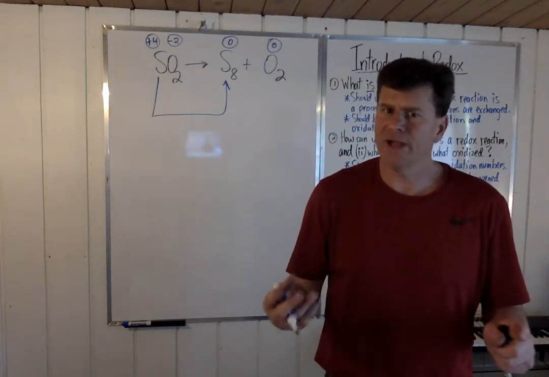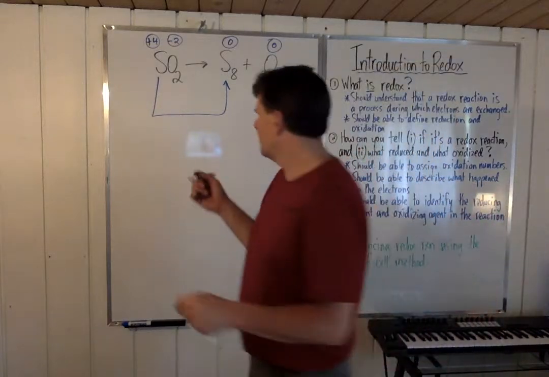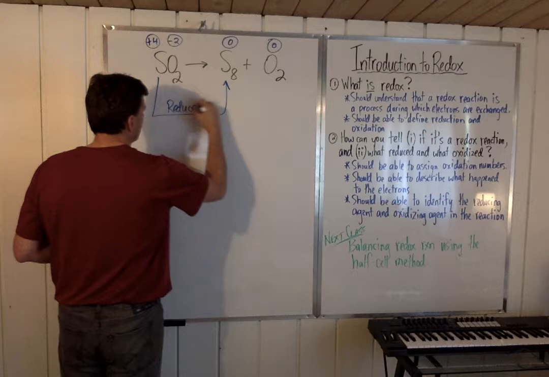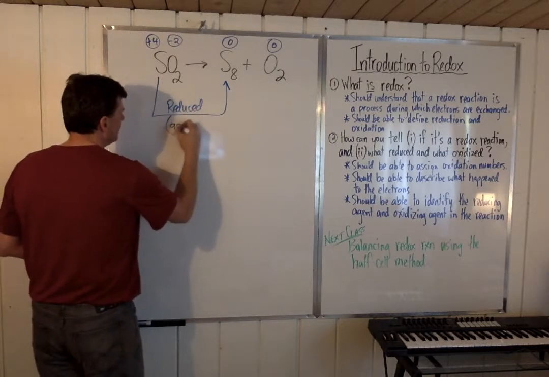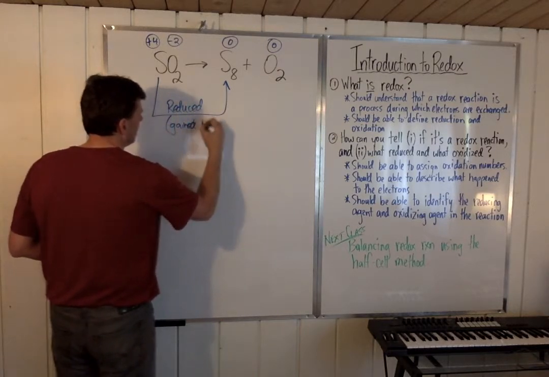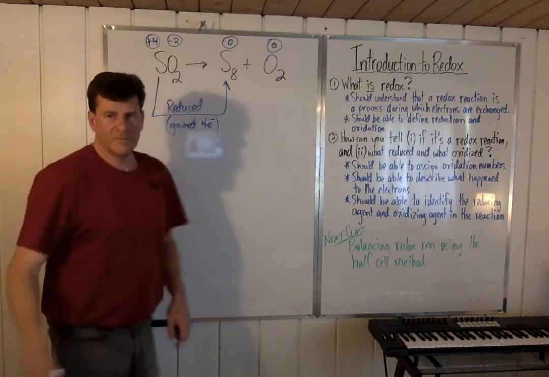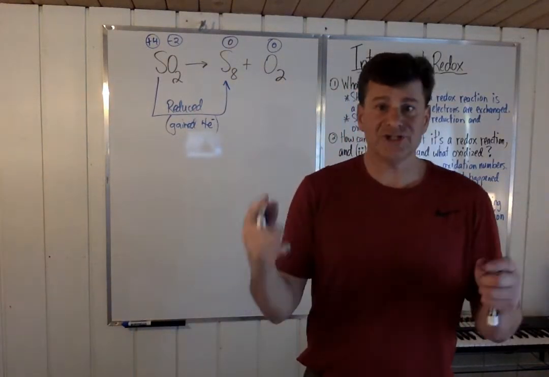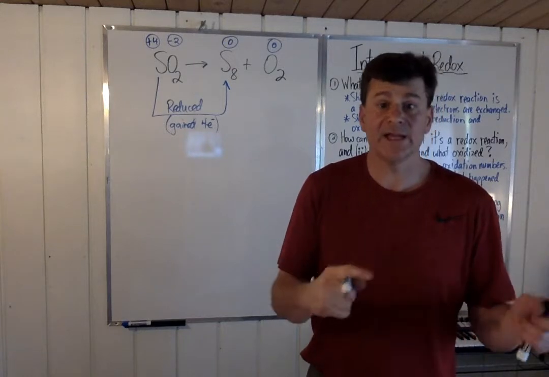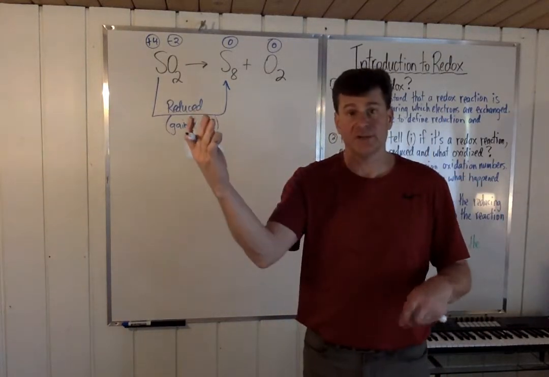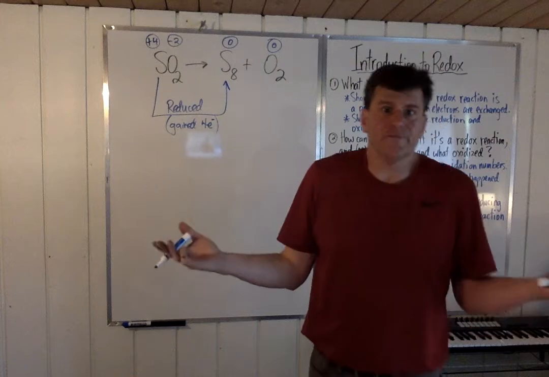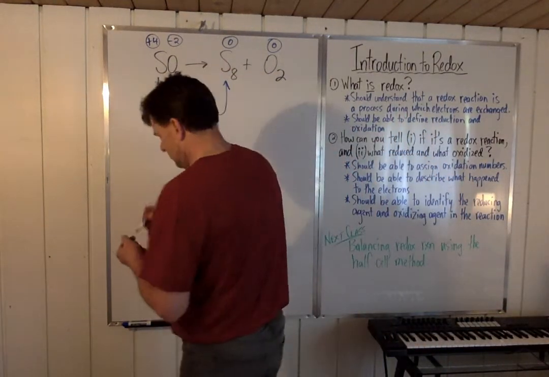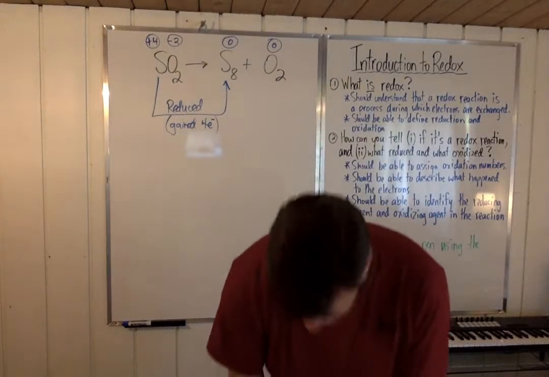So how do you go from +4 to 0? This one reduced, and it gained 4 electrons. That's not the total, but each individual sulfur gained 4 electrons. To go from an oxidation number of +4 to 0, it had to pick up 4 electrons. So what did the oxygen do? Let's do it in a different color here. Let's do it in green.